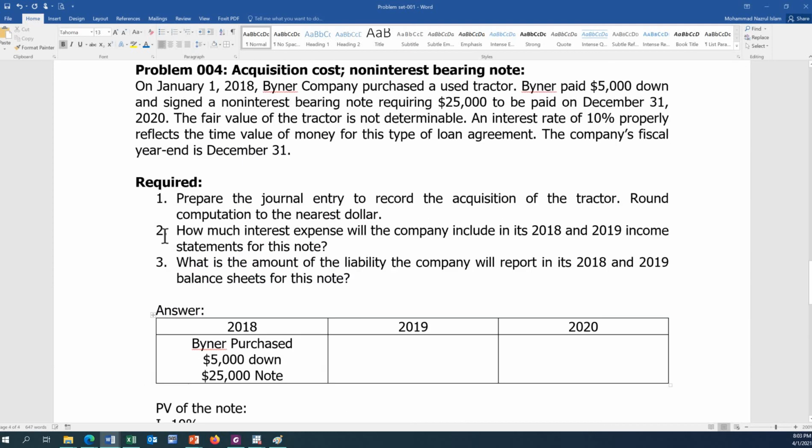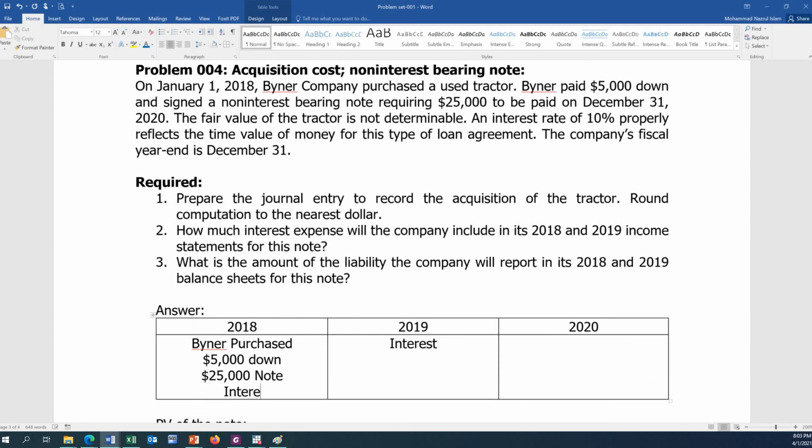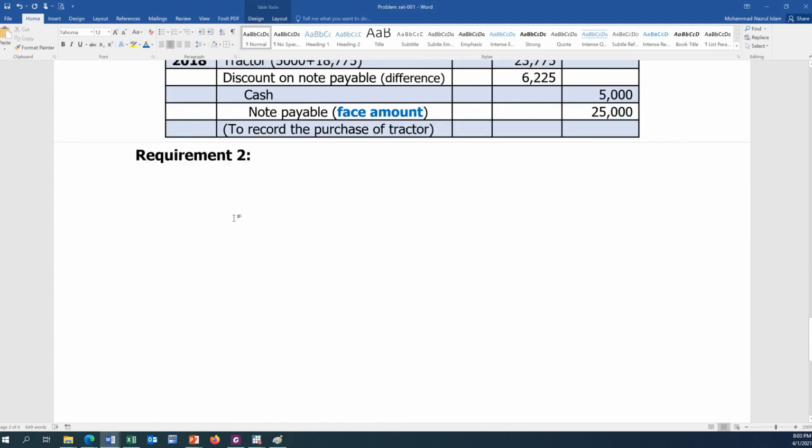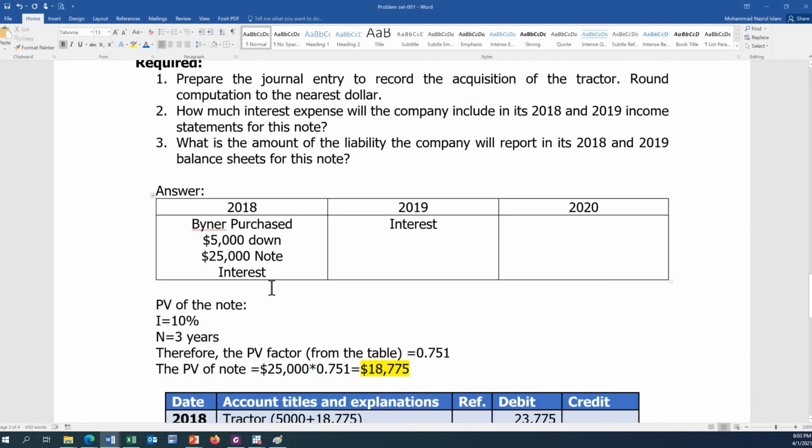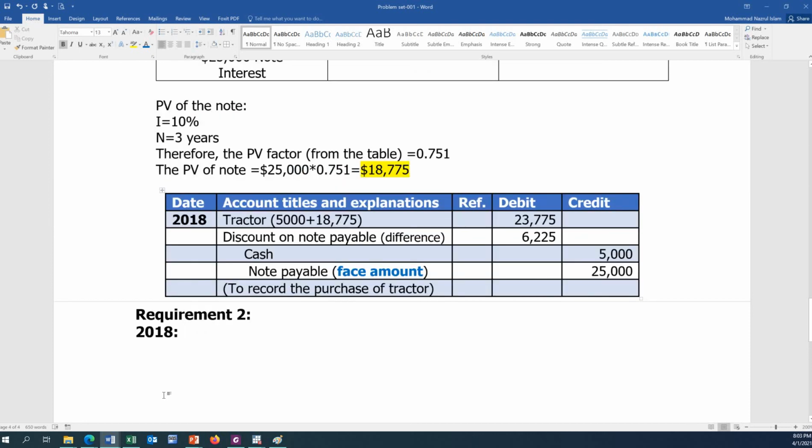Requirement 2. How much interest expense will the company include in its 2018 and 2019 income statements? So, 2018 interest. The amount of interest in 2018 would be equal to the present value of the note, 18,775, multiplied by 10%.